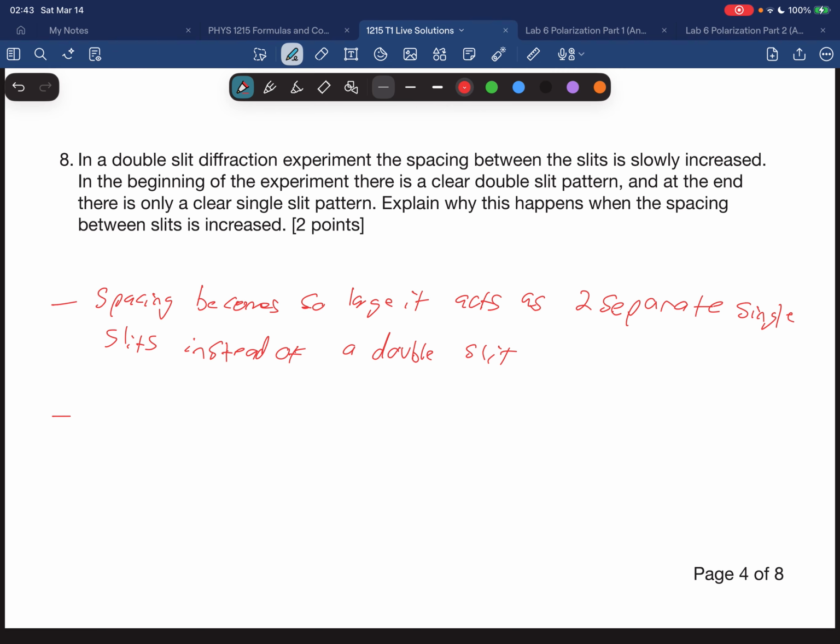So as the spacing increases, the width of the beam hitting both slits can only cover a single slit instead of both as well. That is my second answer here.